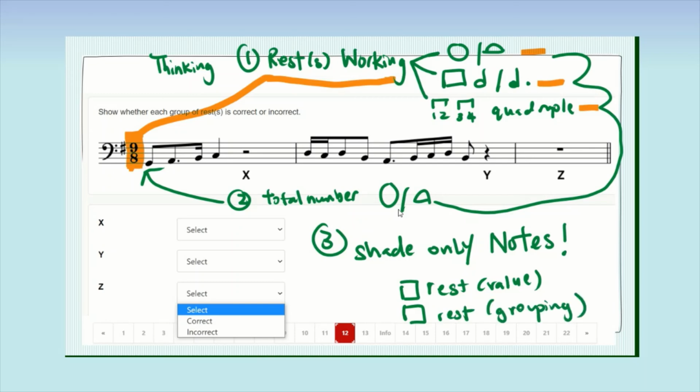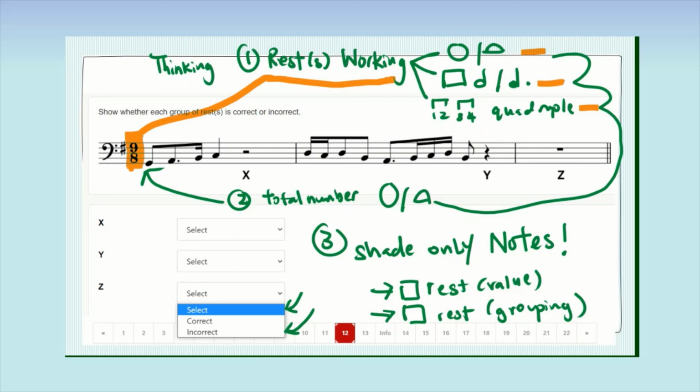Because we're in grade 3, we are tested on grouping of the notes and rests. So take note, this question is grouping of the rests. Please make sure you think about rest and its value, and rest and its grouping. This is a drop down menu, so you can select whether it is correct or incorrect.